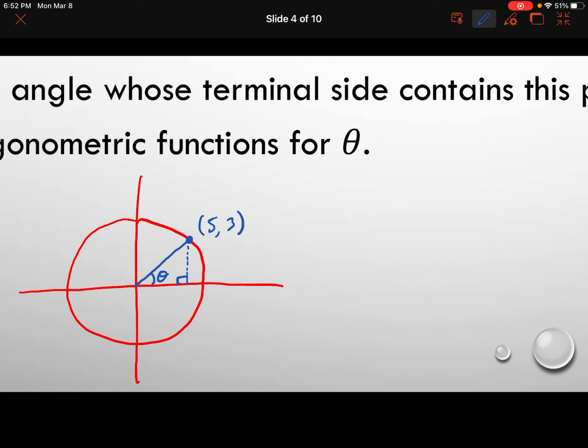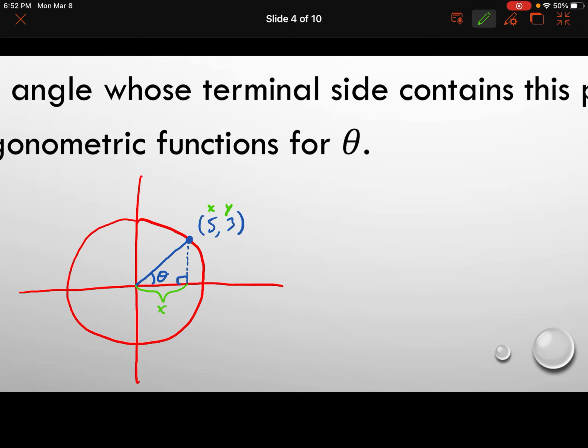Well, there is something that we do know. Remember, a point consists of an x value and a y value. An x value represents a horizontal distance or horizontal movement in the xy coordinate plane, which in this case would represent the horizontal side of the triangle.